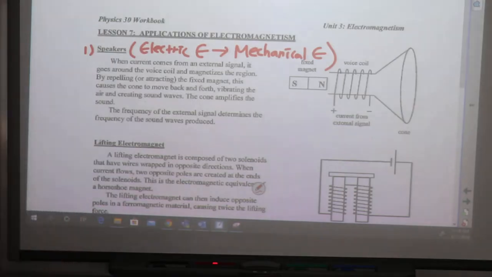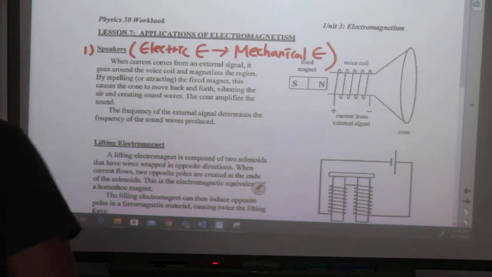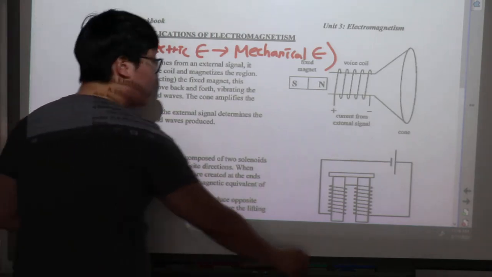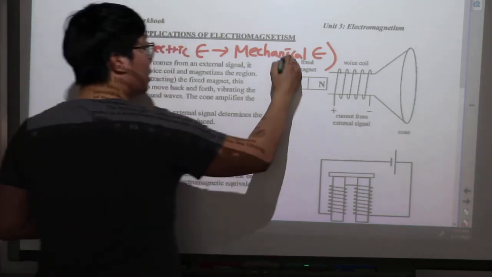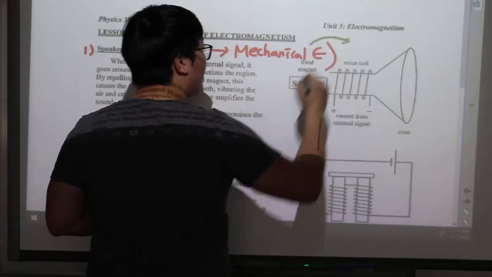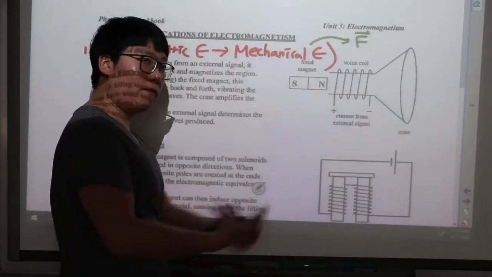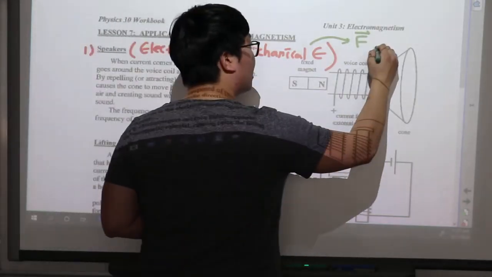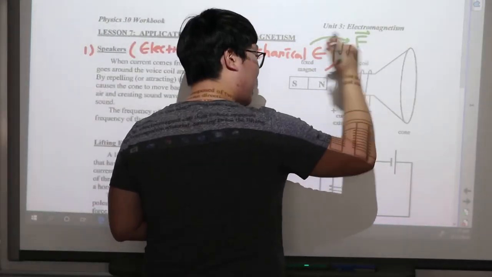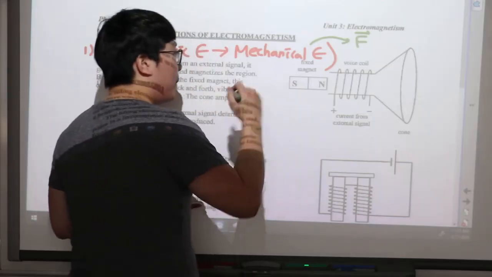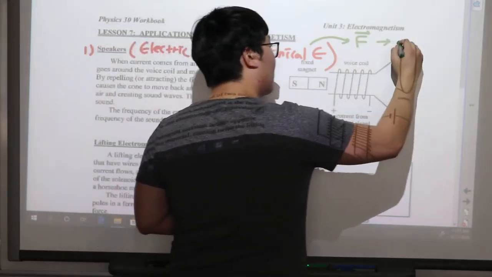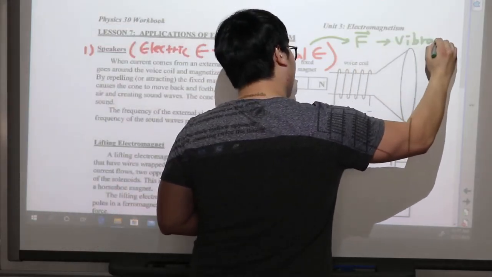And mechanical energy will make you use the concept of force. Why is force involved? Because we have velocity and acceleration because of that. Basically what this force does is it's going to vibrate.